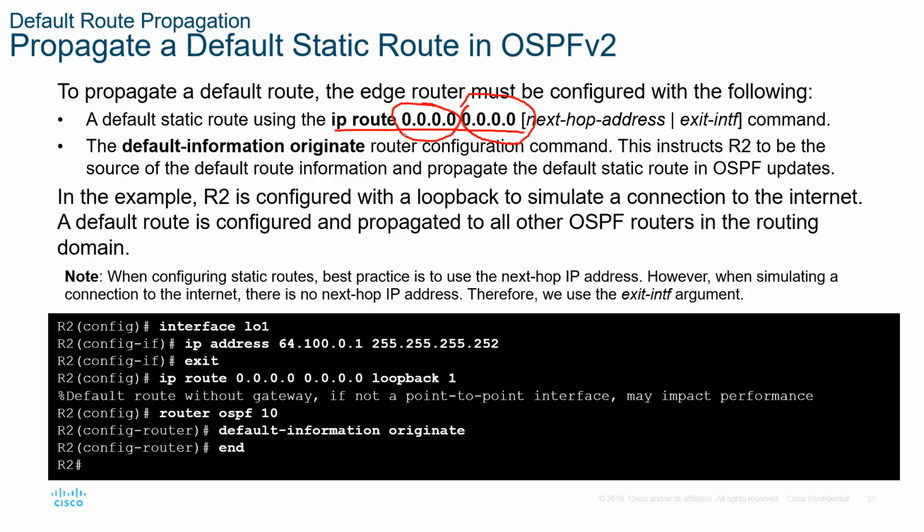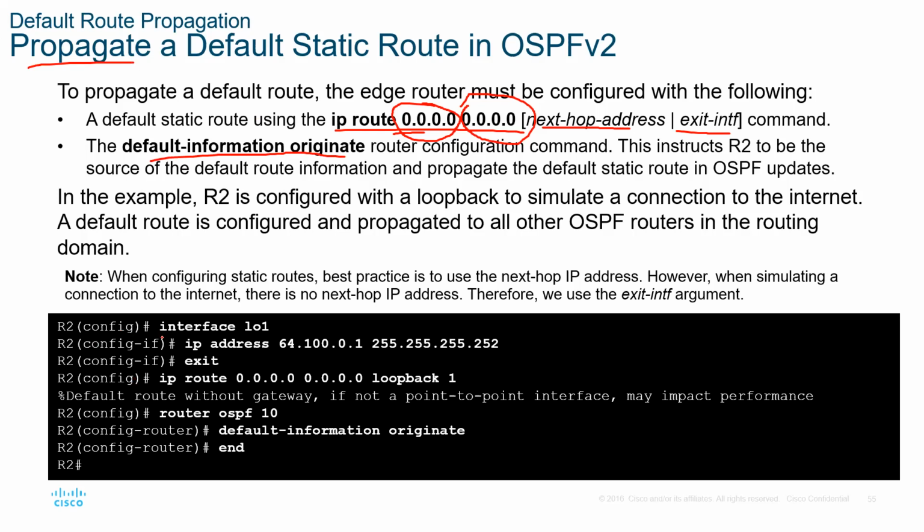What it means is any IP coming from anywhere with any subnet mask going to anywhere with any subnet mask. You should follow it with the next hop or exit interface command. Then the default-information originate command is what we use to propagate the default route.